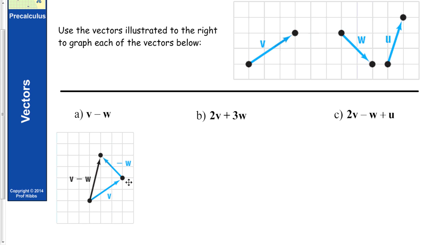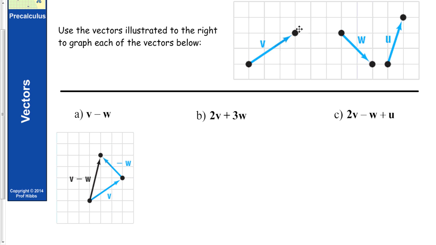And maybe this is better for us at this point. Remember, v minus w could be thought of as v plus a negative w. So here's v. Now a negative w would start here and go to here. So we would go horizontally to the left 2 units and vertically up 1 unit if we were starting here and going here. So that's what I've done.